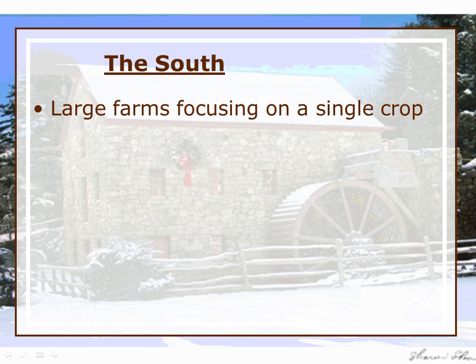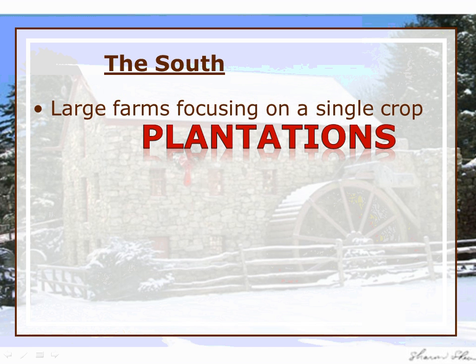A huge farm that focuses on a single crop is called a plantation. Yes. Now, before Eli Whitney came along, most clothes were not made of cotton. Most of your clothing was made out of wool from sheep. Bah.